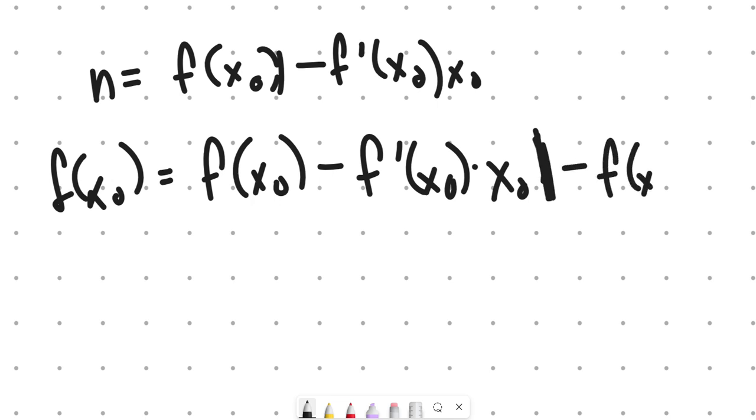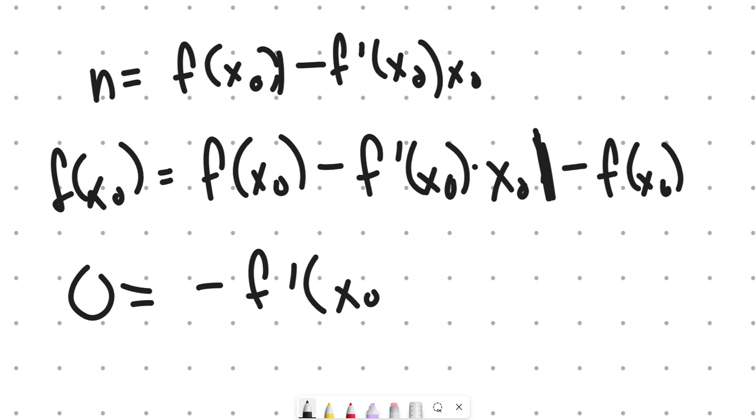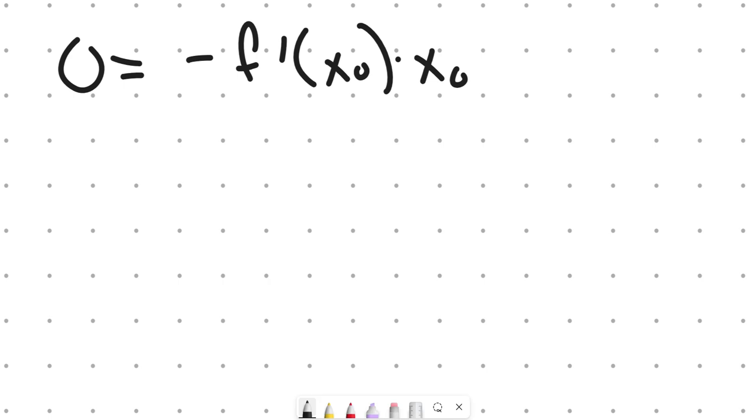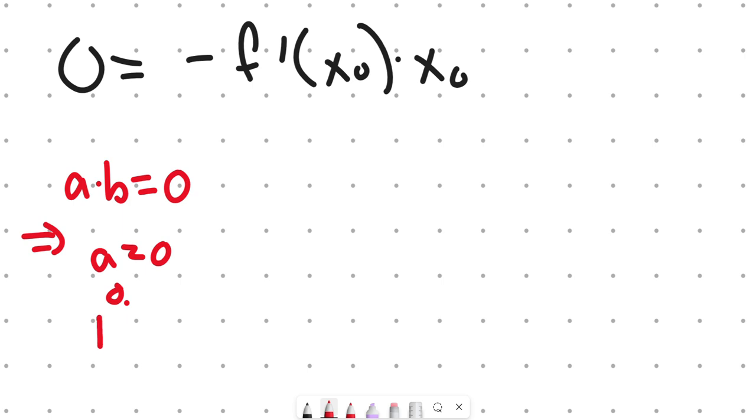Now we can subtract f of x naught from both sides, and we will have 0 is equal to minus f prime x naught times x naught, which means we have two quantities that are multiplied and equal to 0. We have the theorem that if a times b is equal to 0, then a is equal to 0 or b is equal to 0.